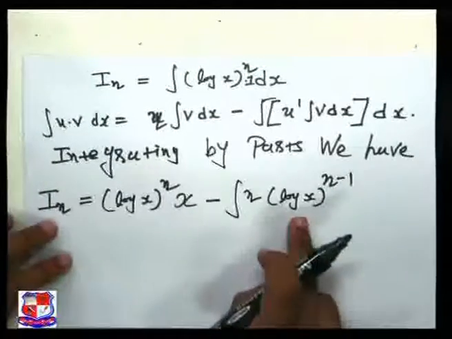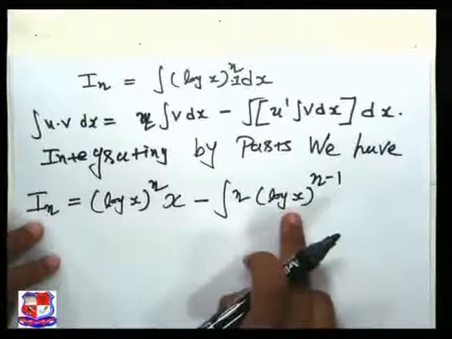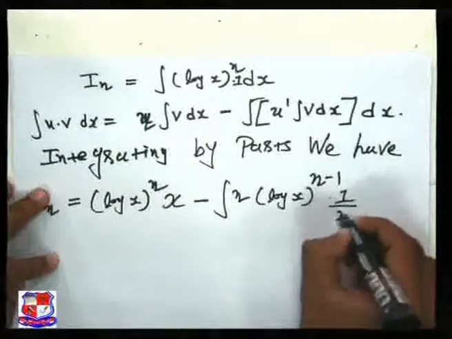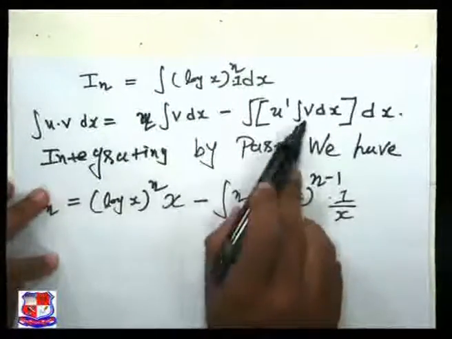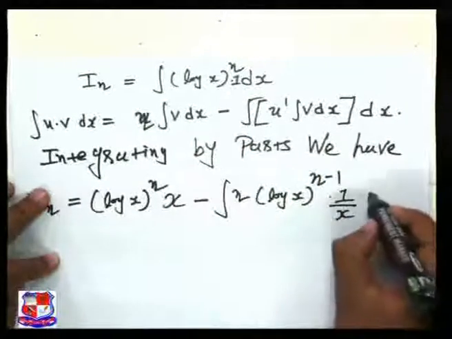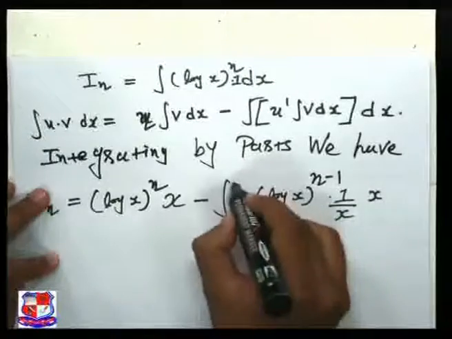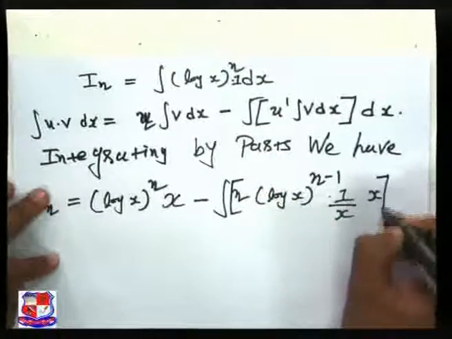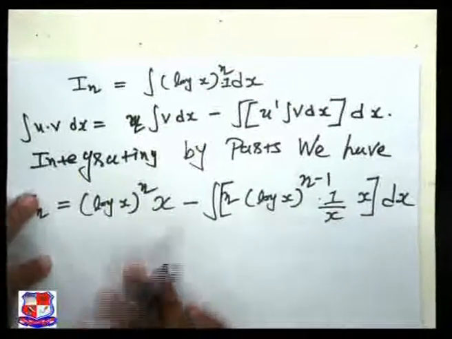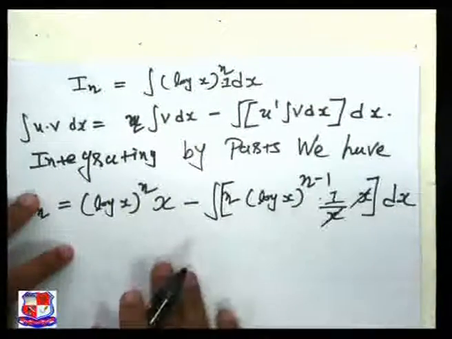Also we have the derivative of log x, so that is 1 upon x, and this is integration v, where v is 1, so integration v is x. So finally we get this term dx. Now this x will be cancelled out.